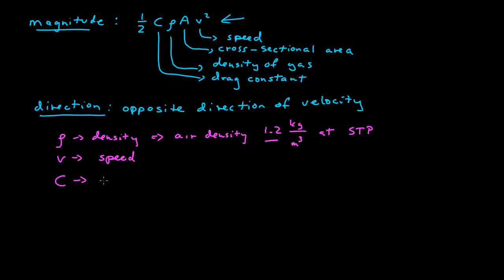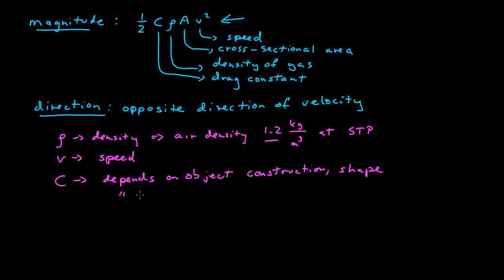Now this capital C is the drag coefficient, the drag constant. The drag constant depends on the object, and it depends on everything about the object: its construction, the material. It depends on the shape, and the entire three-dimensional shape.